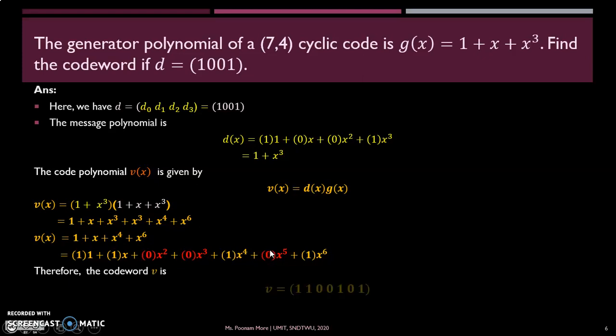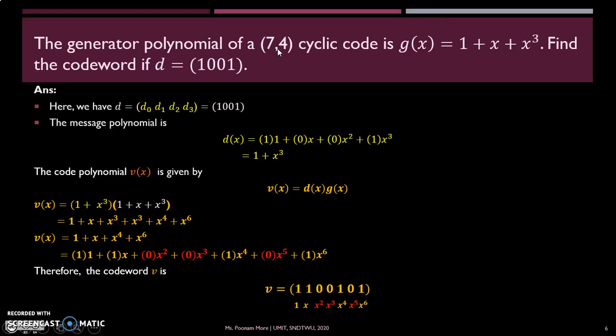After writing these coefficients in vector form, you will find that our code word is 1100101, each bit representing the coefficient of its respective term. So this is how we can generate a code word from the given generator polynomial.